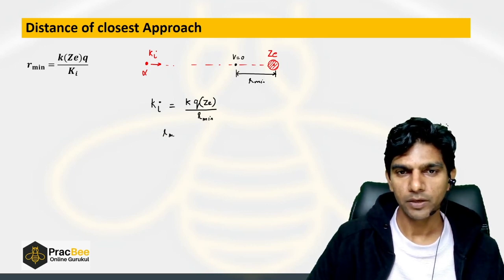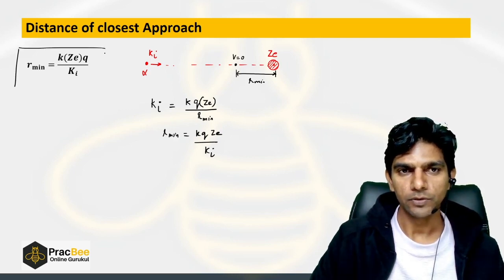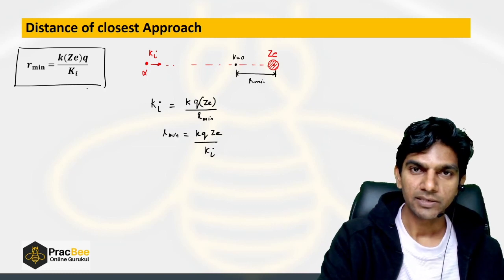From here R minimum comes out to be KQ Ze upon Ki. This formula you will get, so do remember this formula. Now let us see the application of that.